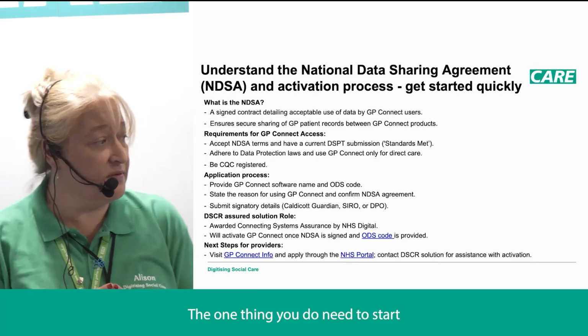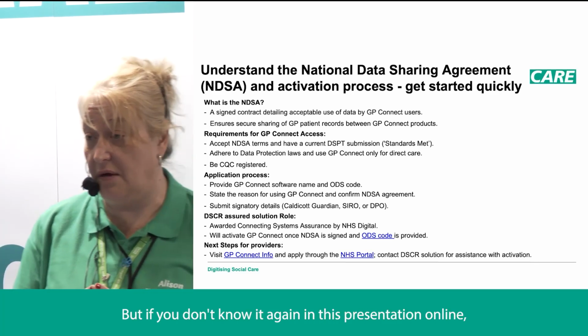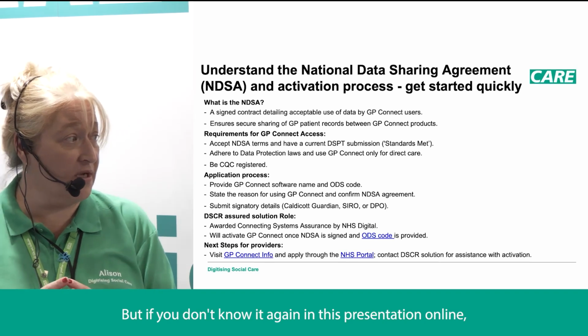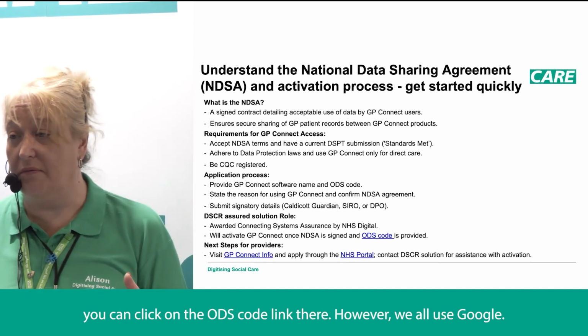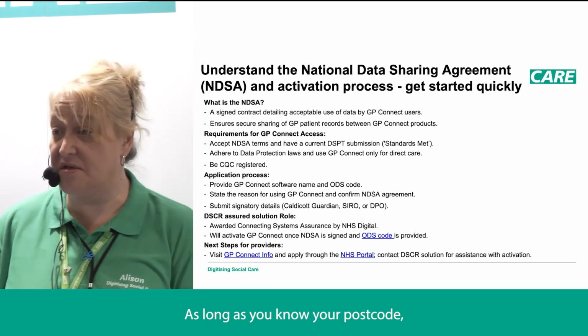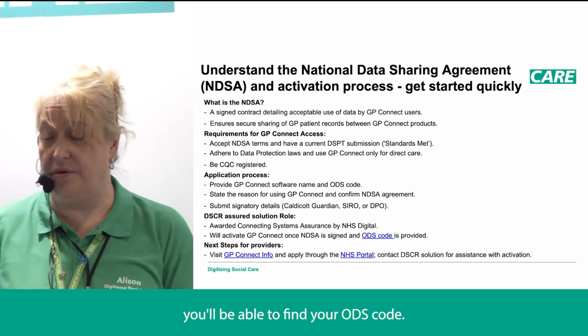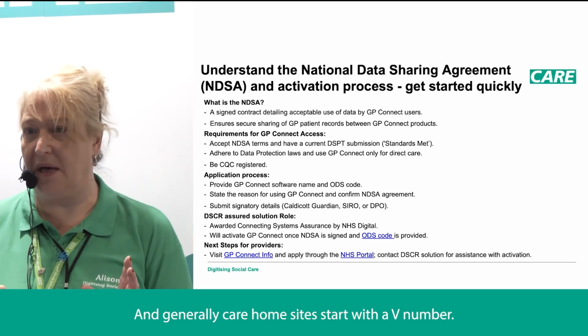The one thing you do need to start the process is to know your ODS code. But if you don't know it, again, in this presentation online, you can click on the ODS code link there. However, we all use Google. Put it in there, you'll get the ODS code finder up. As long as you know your postcode, you'll be able to find your ODS code. And generally, care home sites start with a V number.